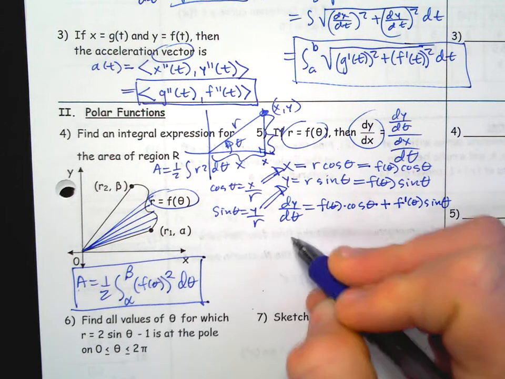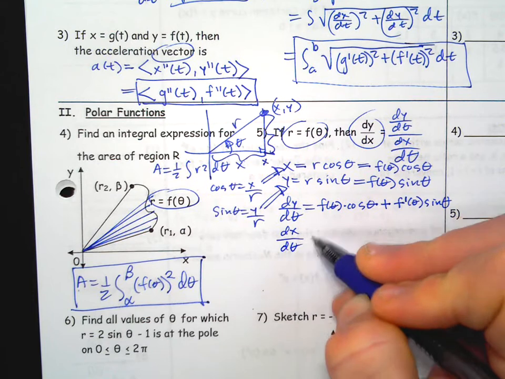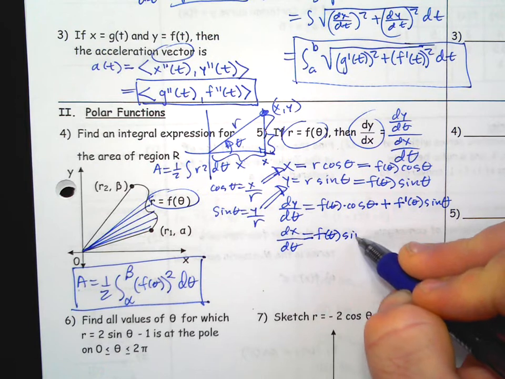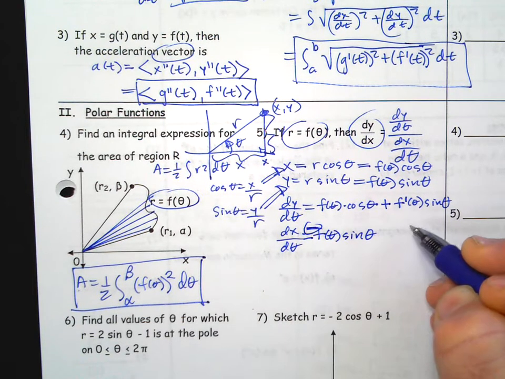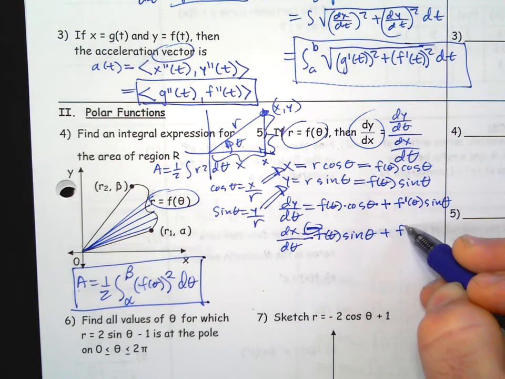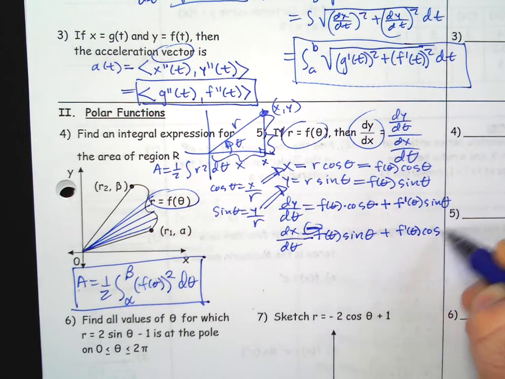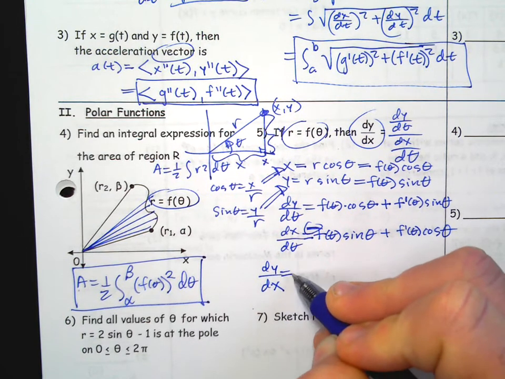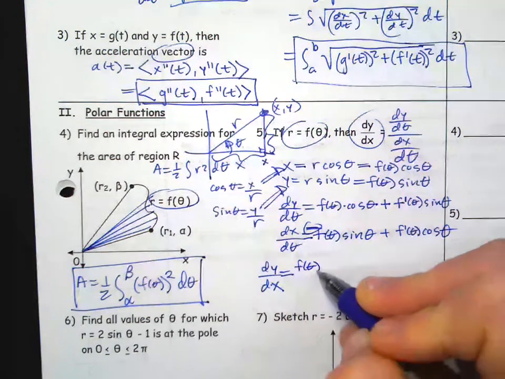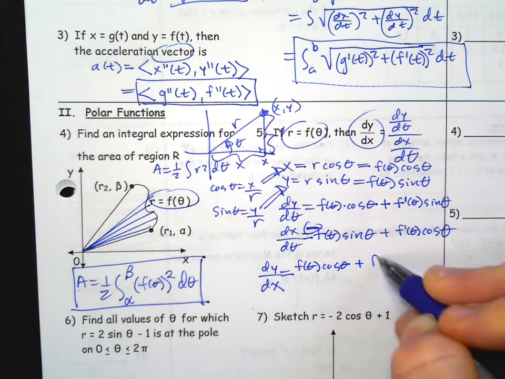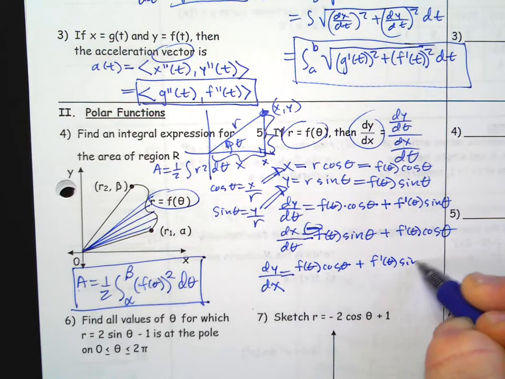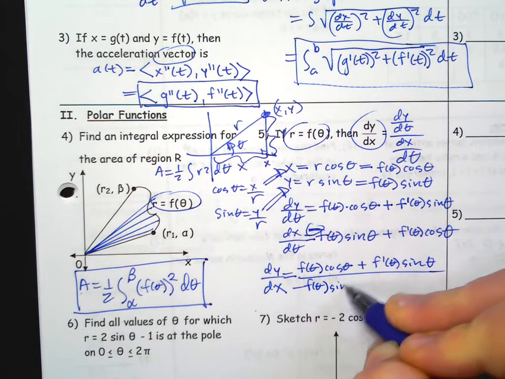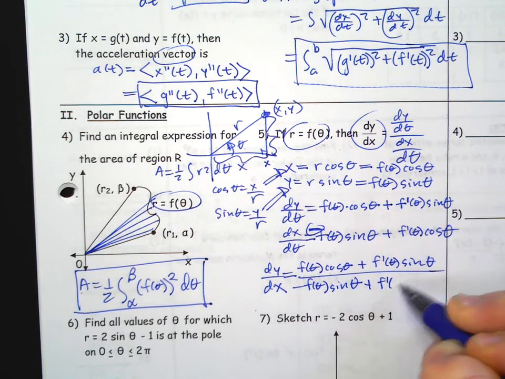Well, dx/d theta is going to be f prime of theta cosine theta minus f of theta sine theta, because the derivative of cosine is negative sine. So that means that dy/dx is going to be f prime of theta sine theta plus f of theta cosine theta over f prime of theta cosine theta minus f of theta sine theta.